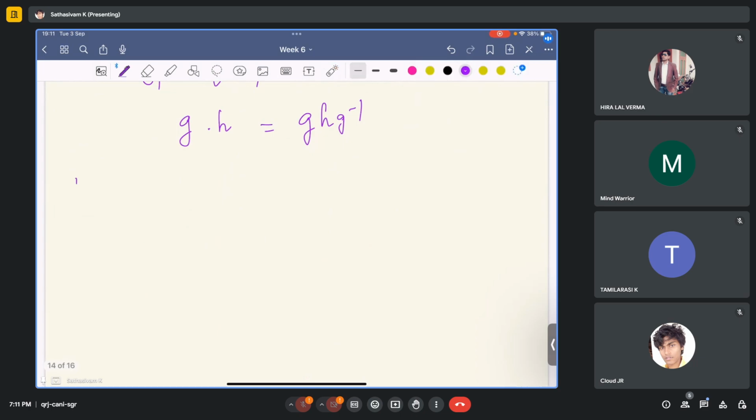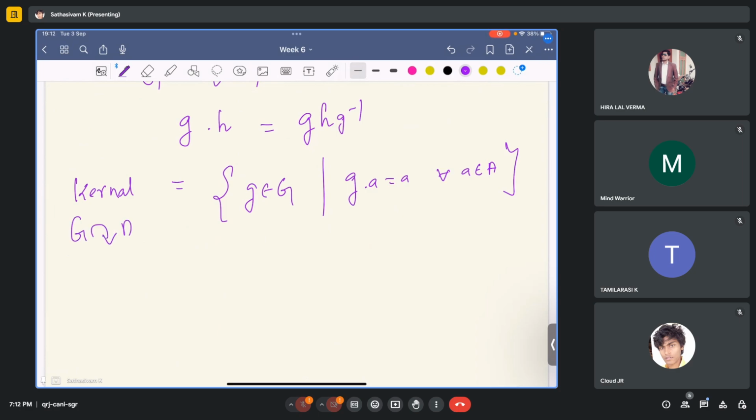Anyway, I will write what the kernel is here. The kernel definition is the set of all G in G such that G dot A equals A for all A in A. In this case, G acts on A. This is a set, this is a group.